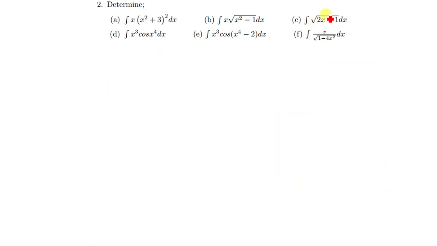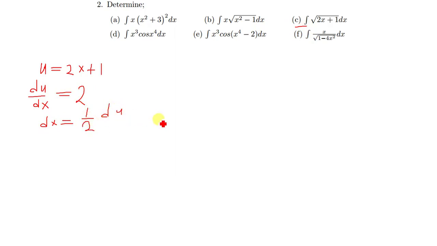So the next question is this. In the same way, the next question, you do it in the same way. I'm going to say let u be equal to 2x plus 1. So for our answer in C, du dx will just be equal to 2. So meaning my dx will just be equal to 1 over 2 du, which is just the same as du over 2.